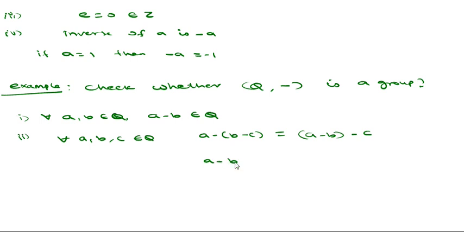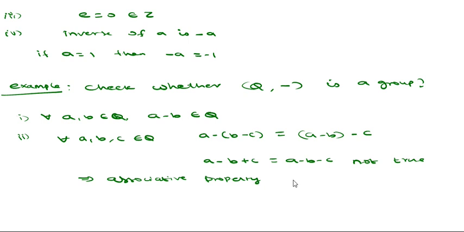So a minus b plus c, and this will be equal to a minus b minus c. So this is not true. Generally this is not true, therefore here the associative property fails. So therefore this Q comma minus is not a group.